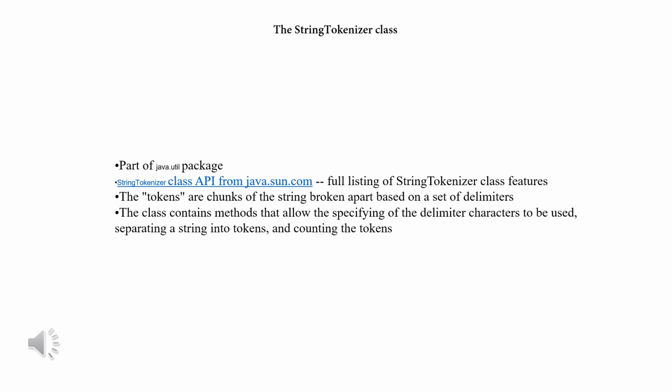The third class which is related to strings is StringTokenizer. As I mentioned, a StringTokenizer is used to tokenize strings. That's a part of the package java.util. And if you are interested to see the full listing of this class, you can see this link.